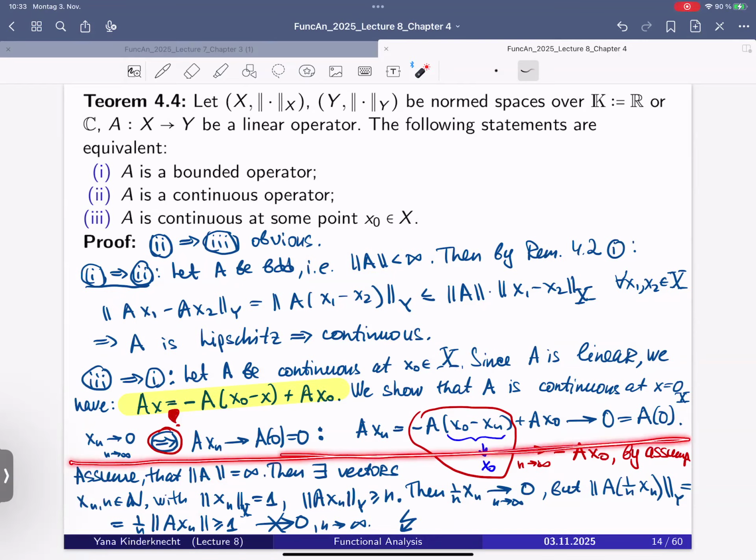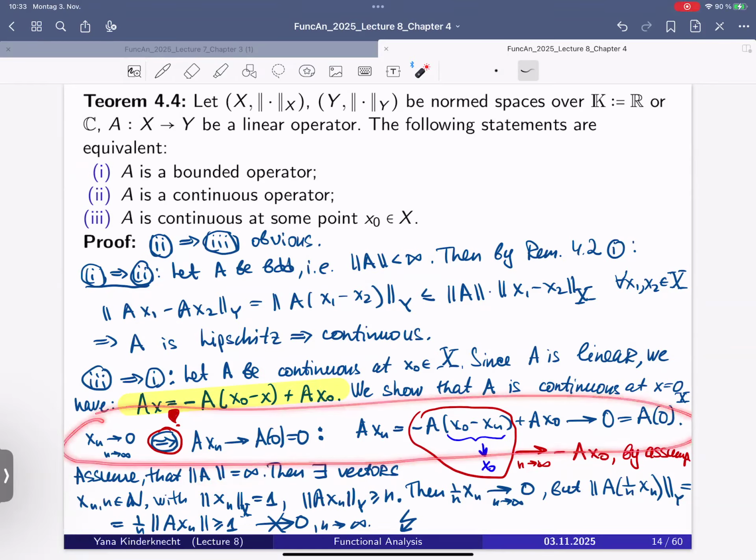And now using this continuity at 0, we show that if we assume that the statement 1 is wrong, that is, the norm is infinity, then the continuity at 0 is violated. Contradiction, because we have constructed the sequence which converges to 0, but A applied to this sequence does not converge to 0. Okay, so everything is proved.